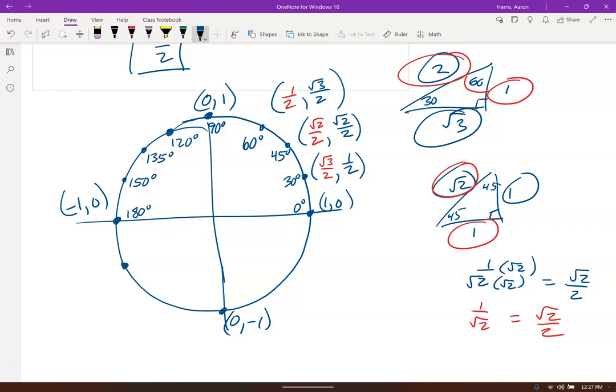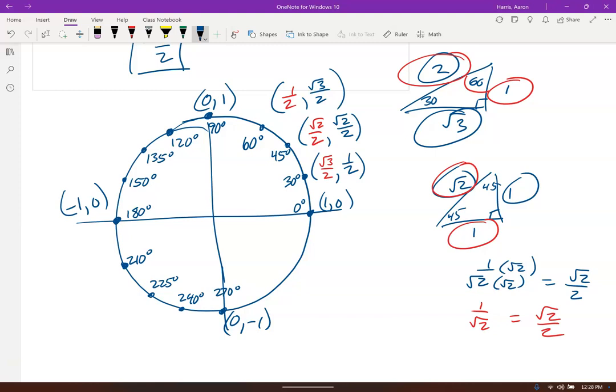And then we'll go 180 plus 30, 210. 180 plus 45, 225. 180 plus 60, 240. 180 plus 90, of course, 270 degrees.